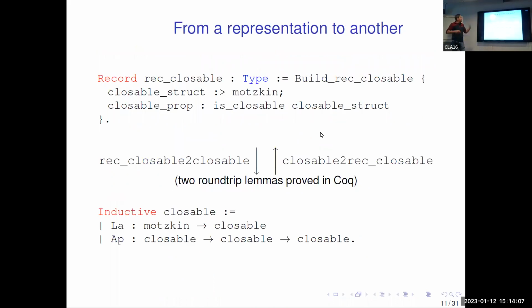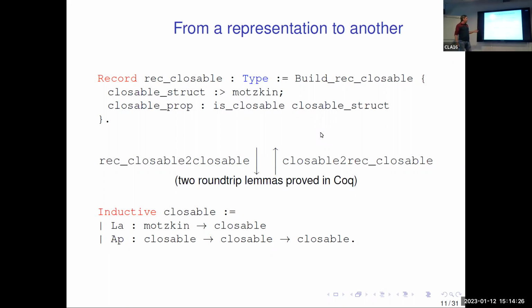To do that, we face several representations. So the easiest representation is to have Motzkin trees, and we put them together in a record data structure with a predicate, which is called isClosable, which is the one we just saw. And we can put that together and do some reasoning about that.